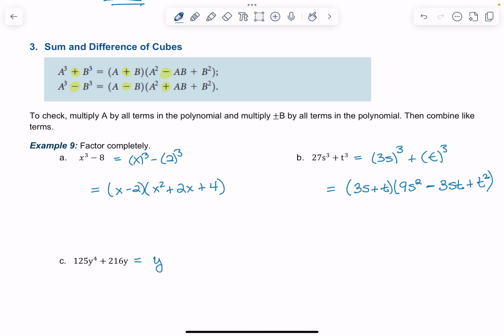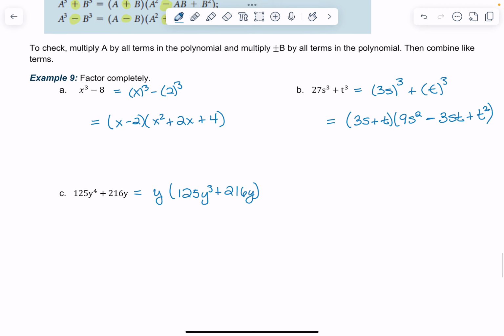So I'm going to say this is equal to y times 125y cubed plus 216y. So now, oh, that y is not in the second term. I factored it out. There you go. Now I can say that's y times 5y cubed plus 6 cubed.